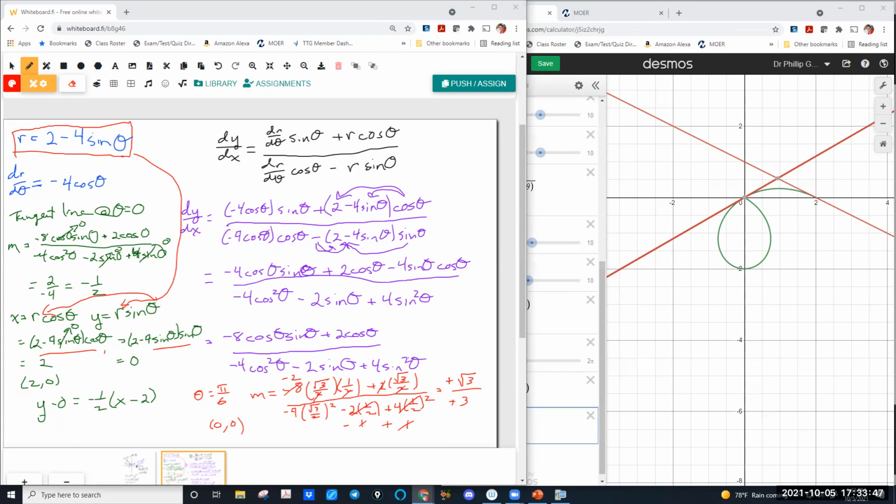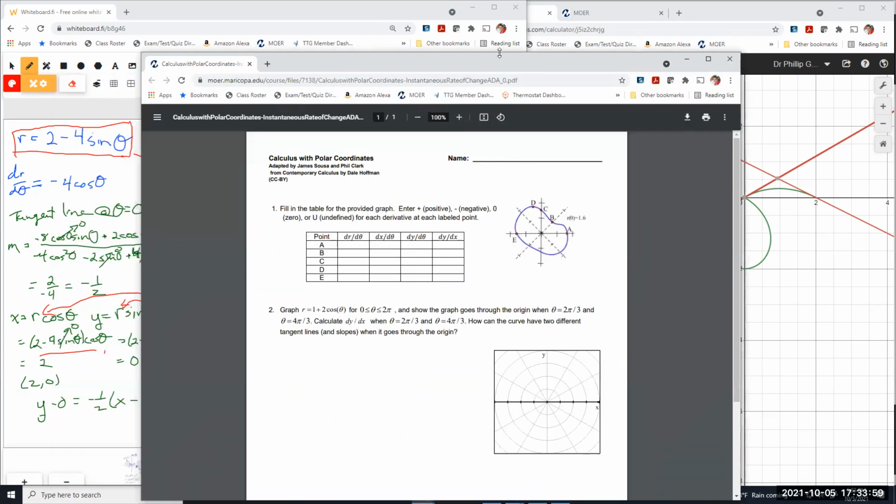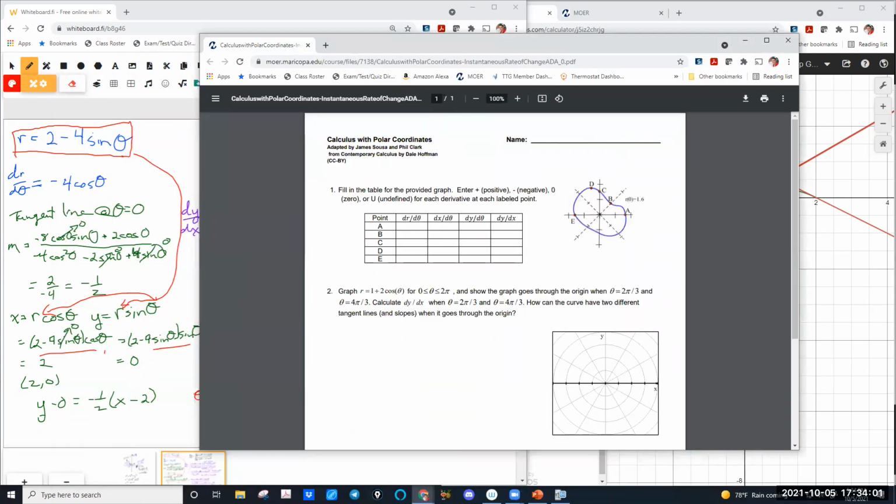All right, let me show you what you guys are going to do in your groups. All right, I'm putting the worksheet in chat so you guys will have a copy. You're going to do 2 things, kind of like that. It's going to be very much like Thursday's class. One is you're going to evaluate the sign, plus, minus, or 0 for these 4, and we'll do A together like last time.